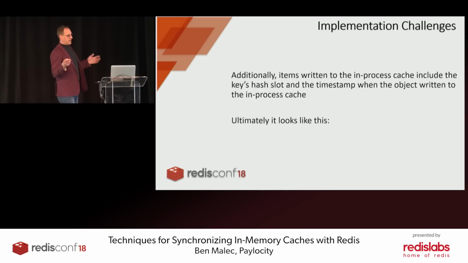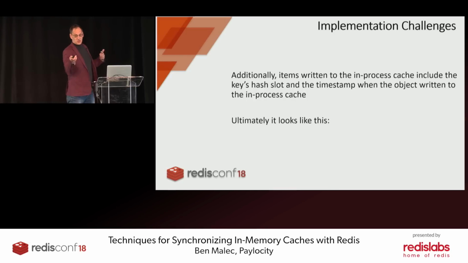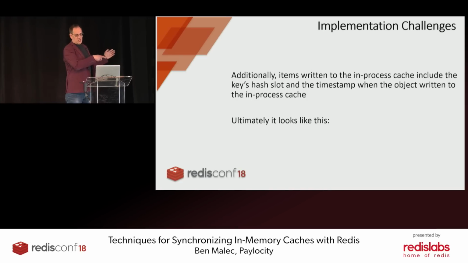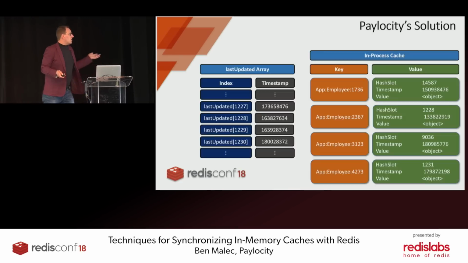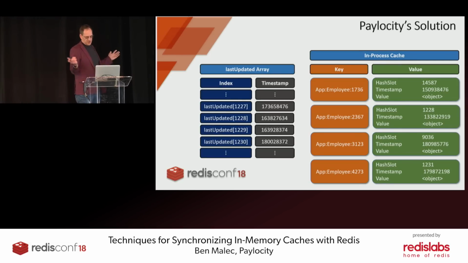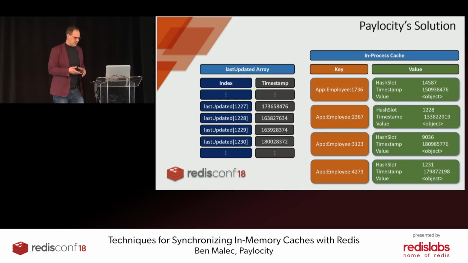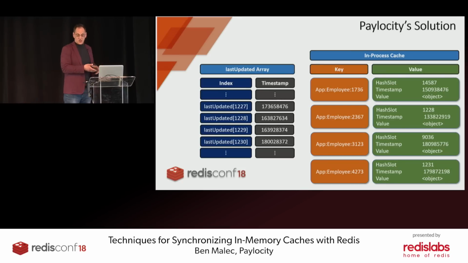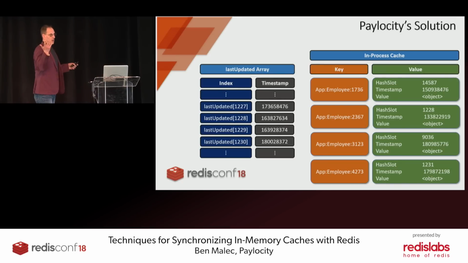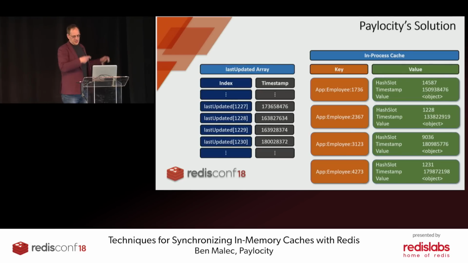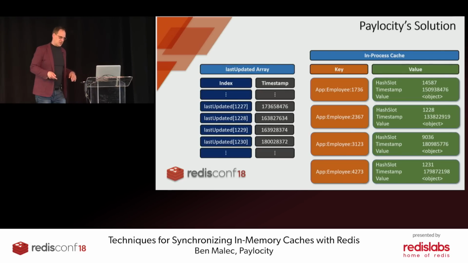So now we can check when you were placed into the cache, and when this data was last updated by someone else. It looks kind of like this: a simple array of unsigned shorts, 16-bit integers. The index in the array is the hash slot. So if I calculate hash slot 100 for this key, I can look at the 100th entry in the last updated array, and it'll have the timestamp that was last updated.